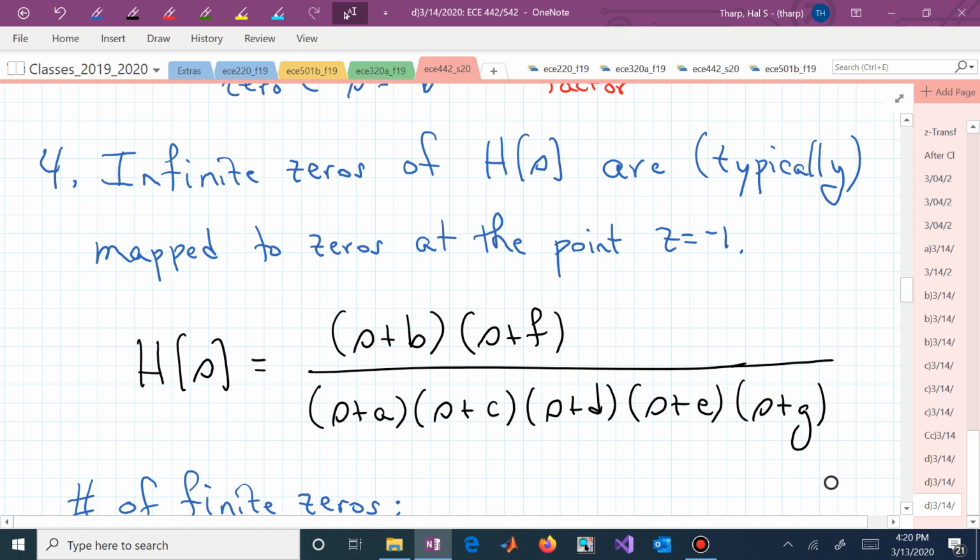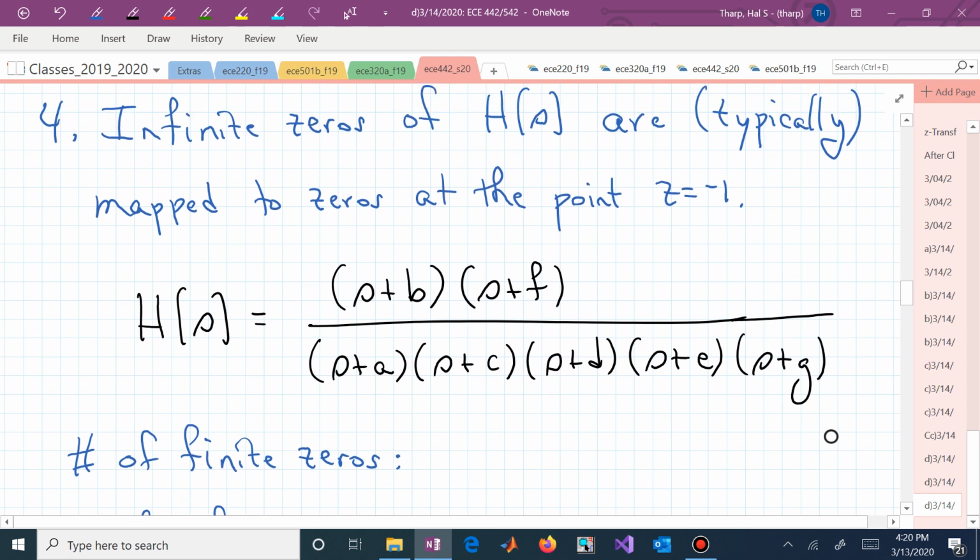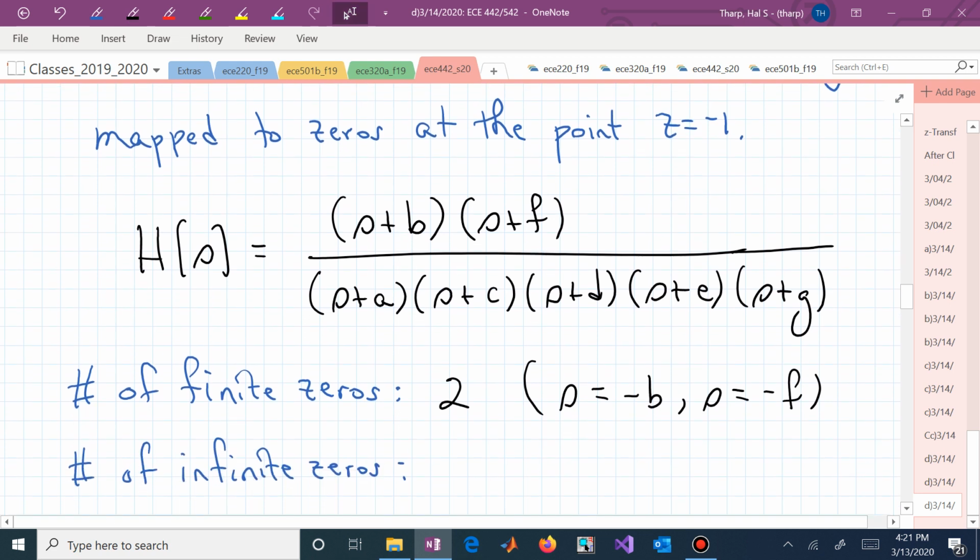How many finite zeros do we have in this example? In this particular case, we actually have 2: one is at minus b and the other is at minus f. If that's the case, how many infinite zeros do we have?